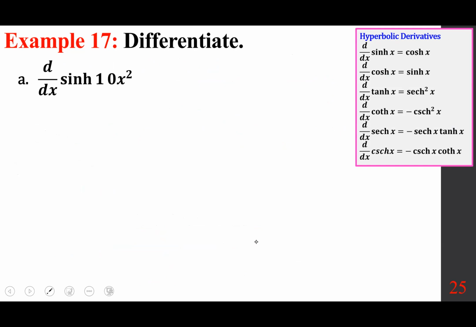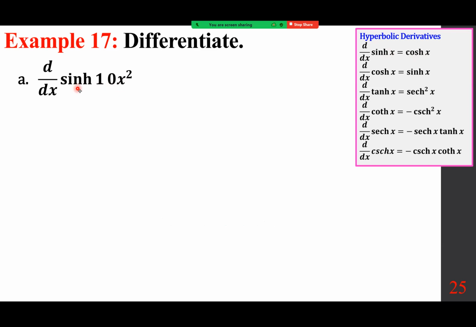We want to differentiate sinh of 10x squared. And so the derivative of sinh x is cosh x. First and foremost, the way I want you to read it, just the way we did it with trigonometric functions, just read sinh.